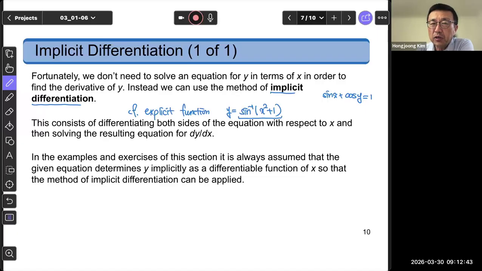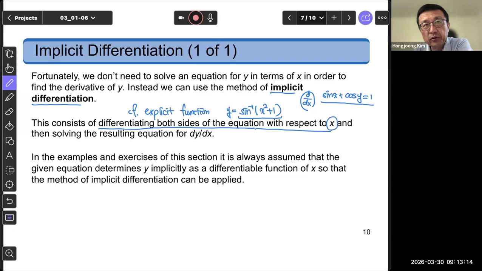Implicit differentiation can be performed by just differentiating this equation directly. In other words, you apply the differentiation operation on the left hand side and the right hand side, and then you equate them. So you need to differentiate both sides of the equation with respect to x.